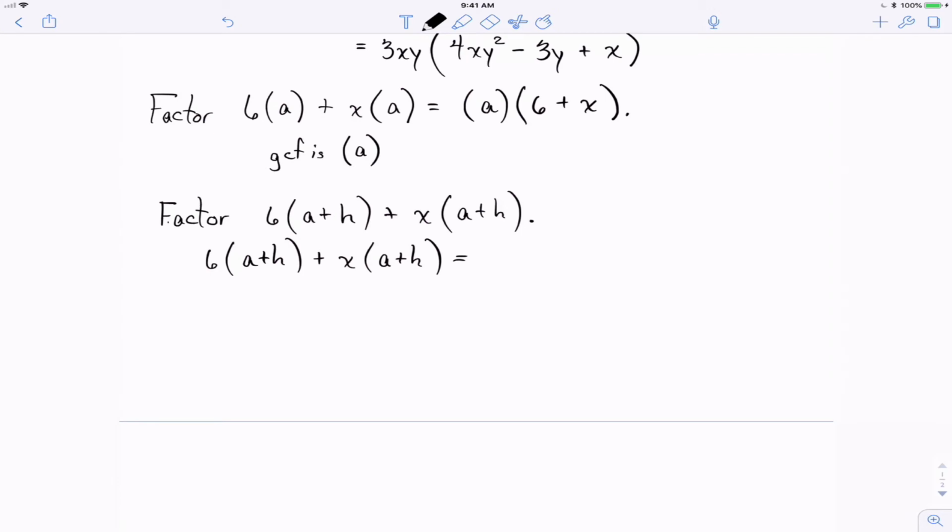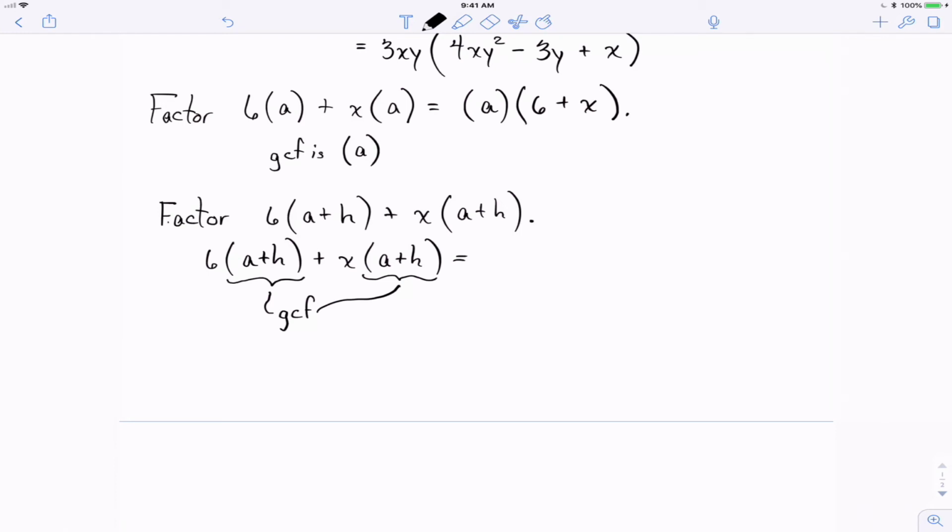Nothing's really changed except that the greatest common factor is all of this and all of this. Notice those are exactly the same, and they're being multiplied with the piece in front of them.